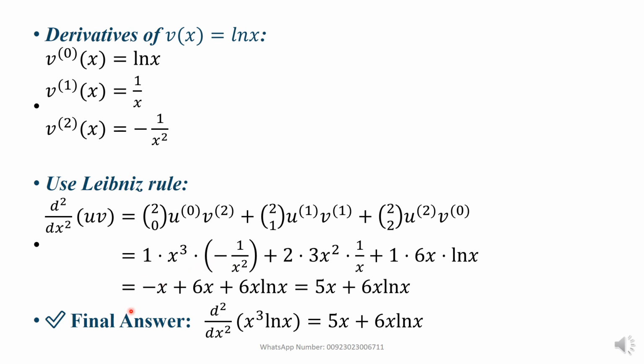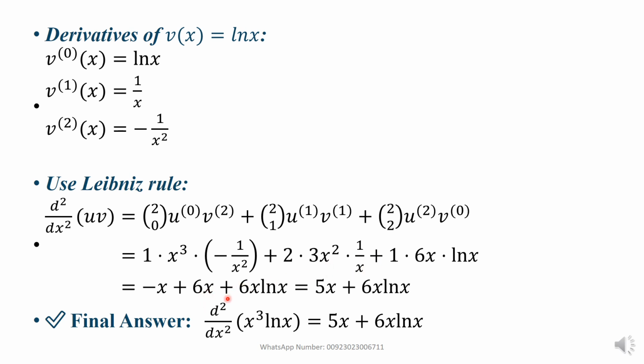Minus sign you write same. 2 multiplied by 3 is 6x. You can see here is given 1 upon x. This x, this power 2 will be cancelled. So only we get x. 2 multiplied by 3 is 6x.